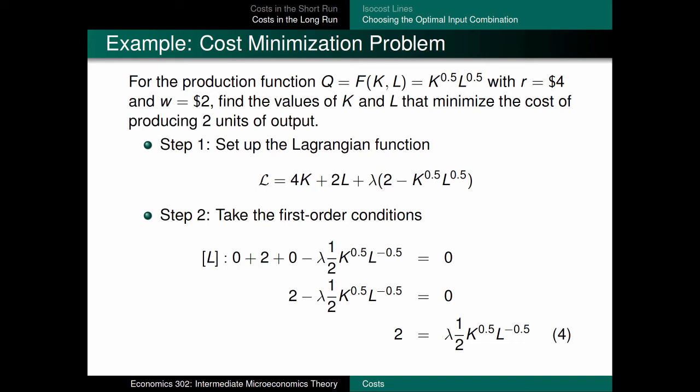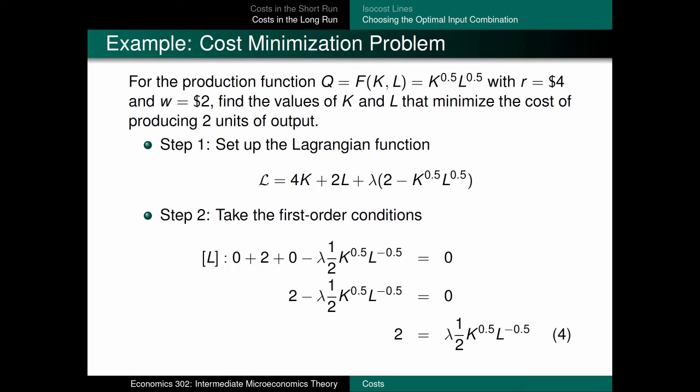And the derivative of negative lambda times K^(1/2) L^(1/2) is negative lambda times 1/2, which is the exponent for L, times K^(1/2) times L^(-0.5), because we're taking the 0.5 power and subtracting 1. Let's set all of that equal to 0.